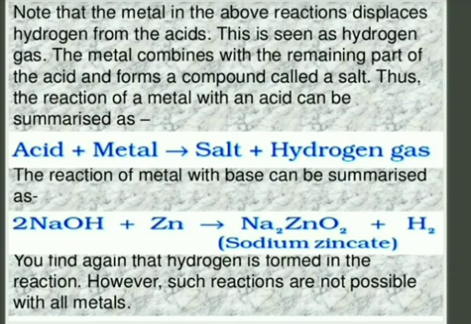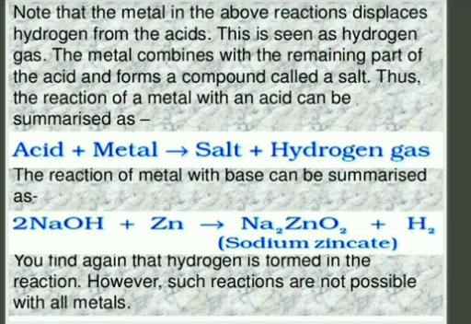So what we get from this is that whenever acid reacts with metal, it forms salt along with hydrogen gas. In the above activity, zinc was the metal taken and the acid was sulfuric acid. When they react with each other, they form zinc sulfate plus hydrogen gas.